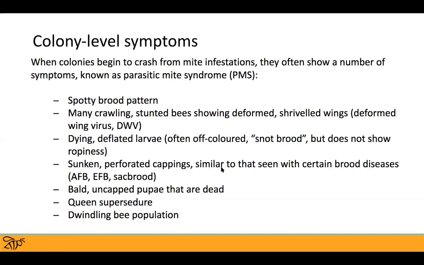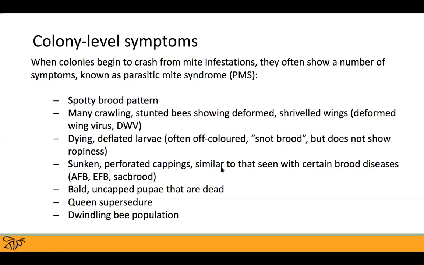They can't survive without them. So you'll often end up seeing these really unhealthy or dying larvae just because they're not being taken care of. We often call this snot brood, which is really charming, but it's kind of yellowy and slimy and snotty looking. So it's when these larvae aren't getting cared for properly that we end up seeing snot brood.